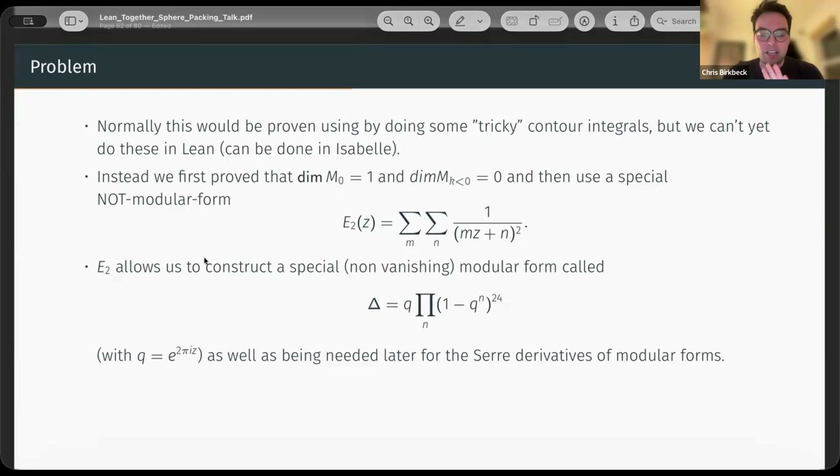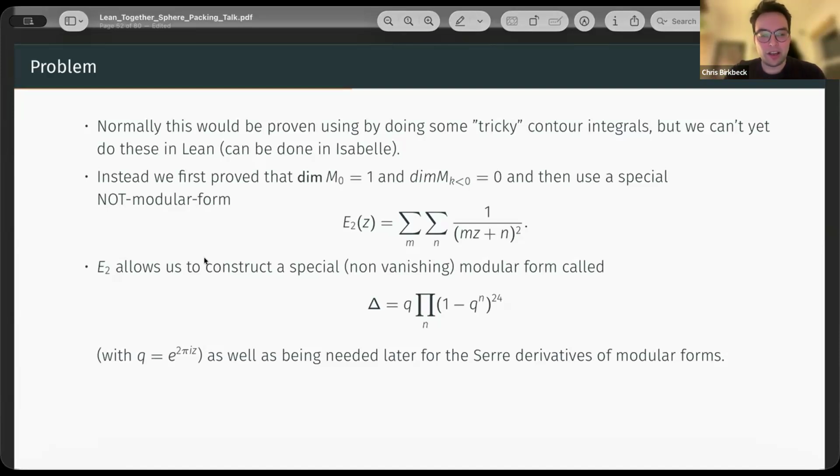We used the maximum modulus principle to prove by hand that spaces of weight zero modular forms are just one dimensional, and negative weight modular forms are empty. And then we combine this with using a special, not quite modular form, which is called E2, which is like the main source of pain for this whole approach. It's this double sum that I have written down here, and the reason that it's a double sum will become apparent in a second.